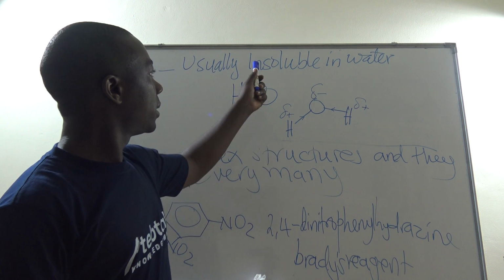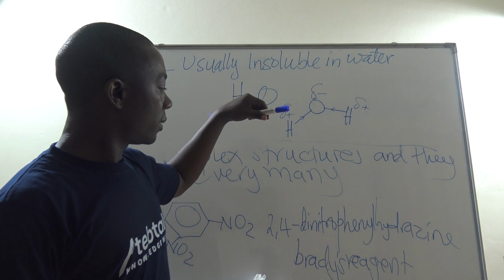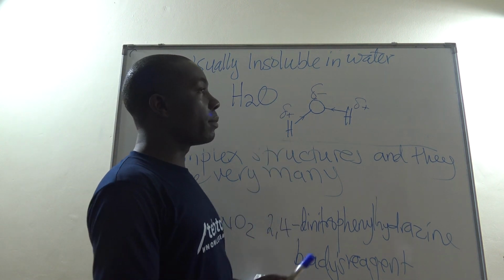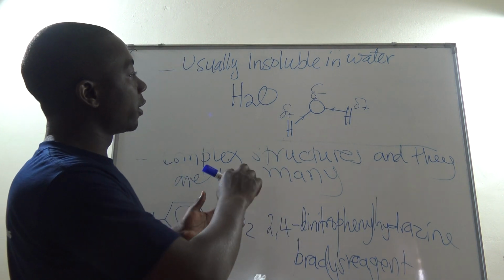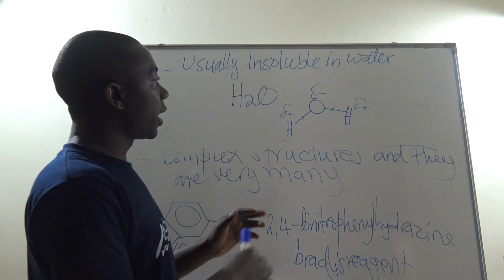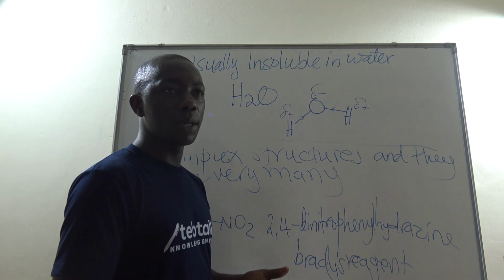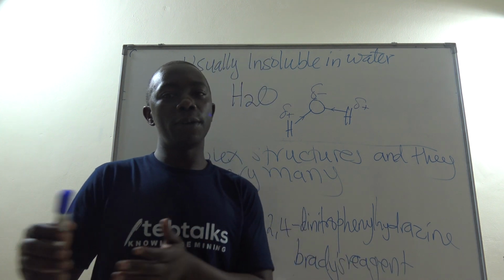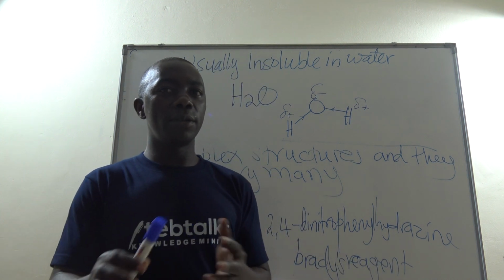But when we look at organic compounds, since we have said that they majorly contain carbon, the electronegativity difference between carbon and hydrogen is almost the same. There's no difference in the electronegativity value of carbon and that of hydrogen. Although it is there, it's too small.